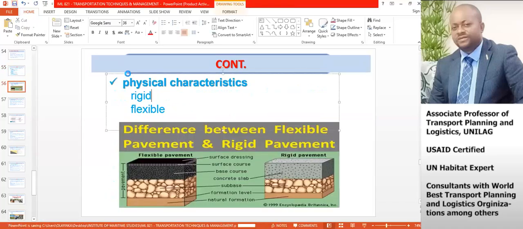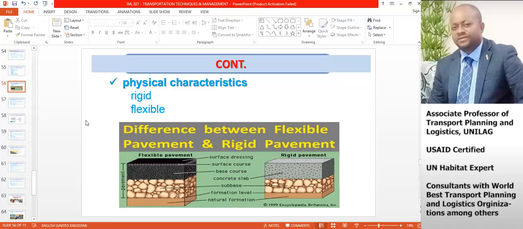On physical characteristics, you have rigid and flexible, and from the screen you can see a typical example of rigid and flexible. For those of you asking me for materials, you can just screenshot it. It is not an offense. That is for the rigid and this is for the flexible, and the picture clearly states what makes it rigid and what makes it flexible.